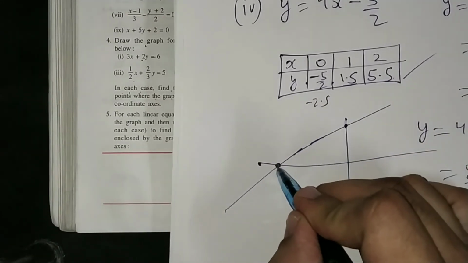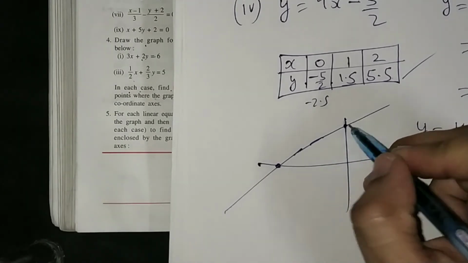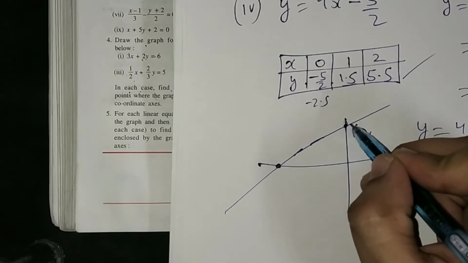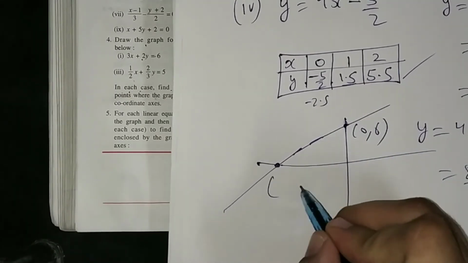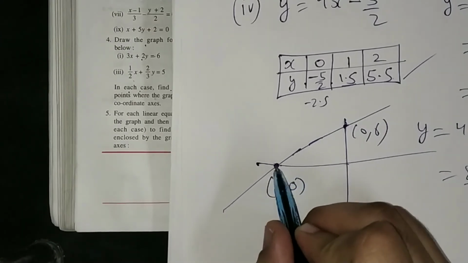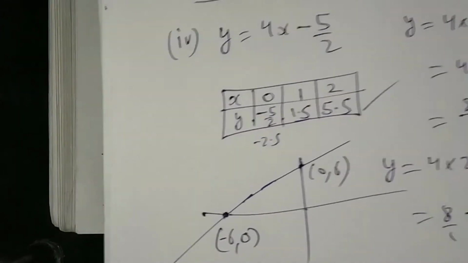So just find these 2 points. Here it is intersecting with the y axis, so here x is 0 and the value here, for example, is (0, 6), and here y is 0. Find the value of this. Suppose x is equal to minus 6, so (-6, 0). So you have also found the coordinate axes points.